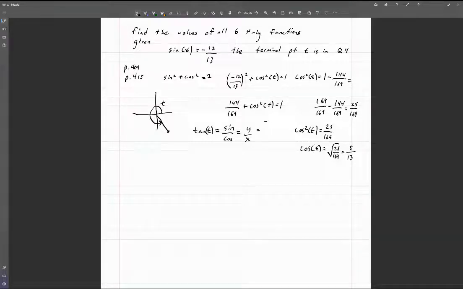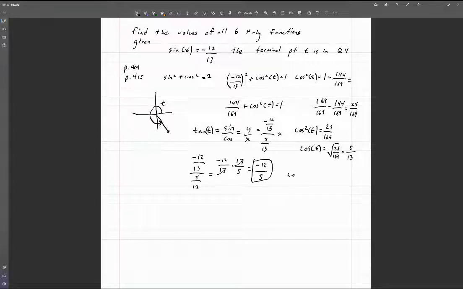So this is negative 12 over 13 over 5 over 13. This is a really good problem. On questions like this on the test, I'm looking for you to be able to prove to me that you know how to divide fractions without having to rely on your calculator to do them. So this is good practice for that. So that's what the tangent is.